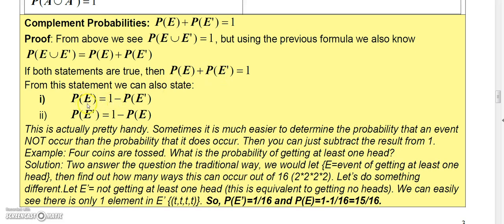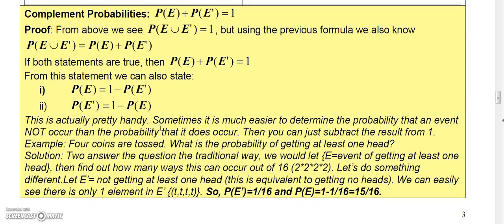So the probability of E is 1 minus the probability of E prime. But you can also solve for the probability of E prime the same way and say the probability of E prime is 1 minus the probability of E. Now, sometimes you can calculate the probability of a complement without using these formulas, but other times it's very nice to have this formula because it'll save you the work.